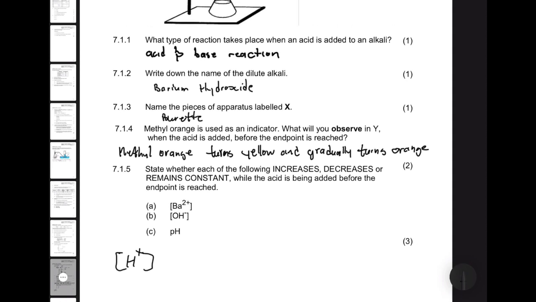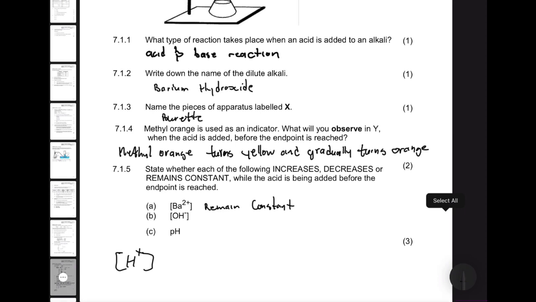So what will happen to Ba2+? We won't have any effect on Ba2+ when we increase the acid, so Ba2+ will remain constant. And then what will happen to OH minus? The concentration of OH minus will go down when we add H+.